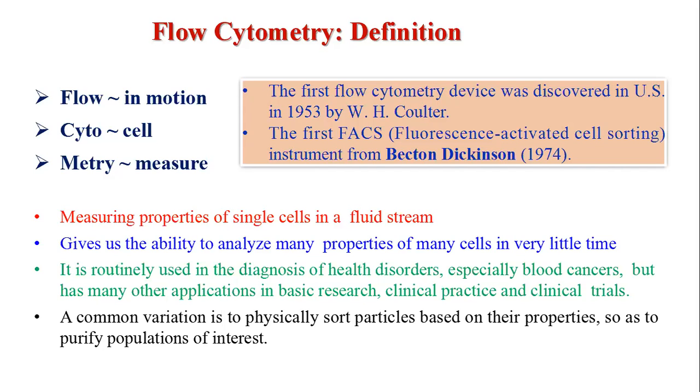That is why this instrument can also be called a Coulter counter. That was a flow cytometry instrument, not the FACS one. The FACS was first invented by the company known as Becton Dickinson, BD, in 1974.